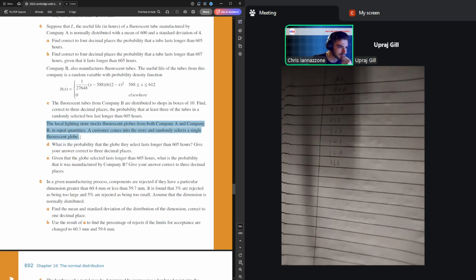Oh, okay. Did you read this bit here? These local lighting store stocks, for instance, fluorescent globes from both company A and company B in equal quantities. The customer comes into the store and randomly selects a single fluorescent globe. Okay. Alright. Yeah, let me do that.